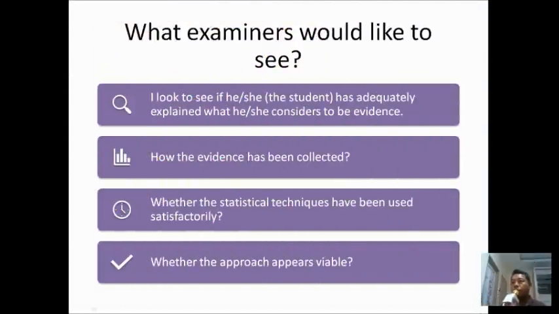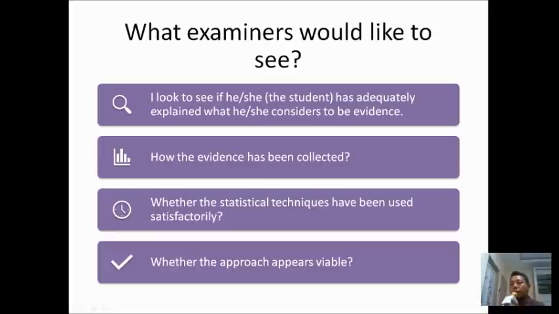Okay, moving forward is what examiners would like to see. Okay, the first one, I look to see if the student has adequately explained what they consider to be evidence. Okay, and then the second one, how the evidence has been collected. Just now was about the evidence.